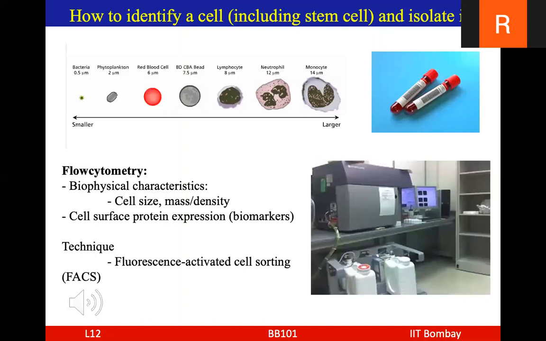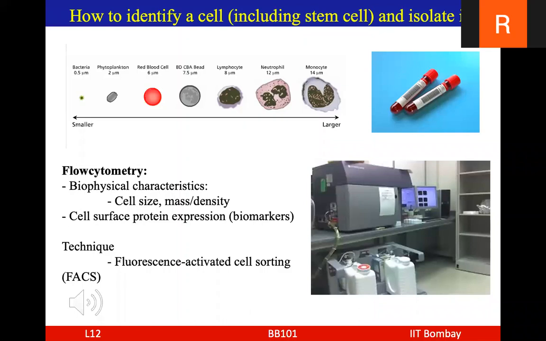They will look alike, and then it is very hard to differentiate them under a microscope without any special dye or special labeling, because they look similar in size and shape. So you need different types of techniques to identify the cell.